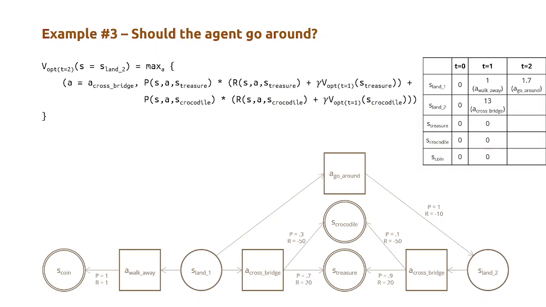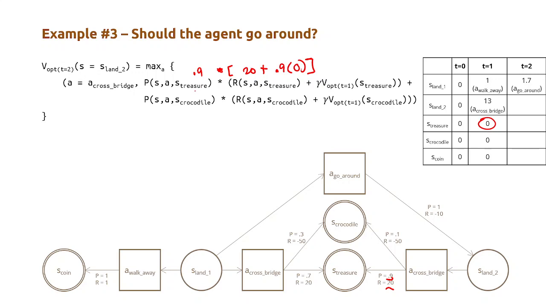What's the probability of arriving at the state treasure when crossing the bridge? It is 0.9 times the reward. Reward is 20 plus gamma of 0.9 times V opt at t equal to 1 of treasure, which is 0.